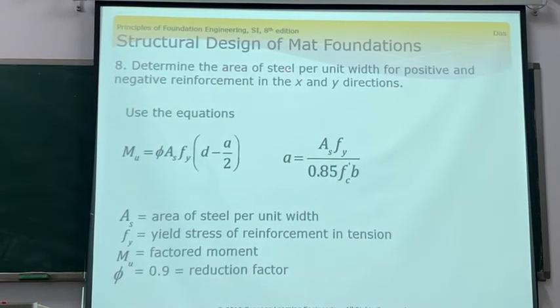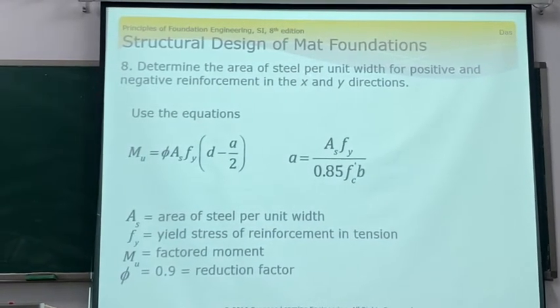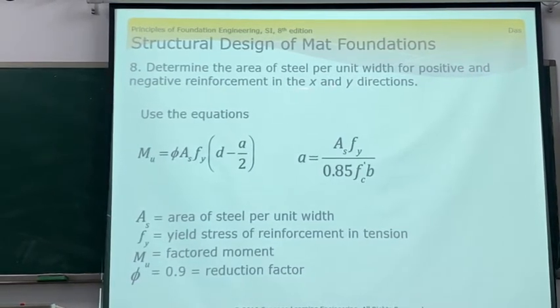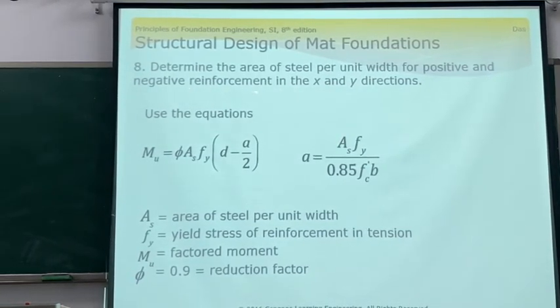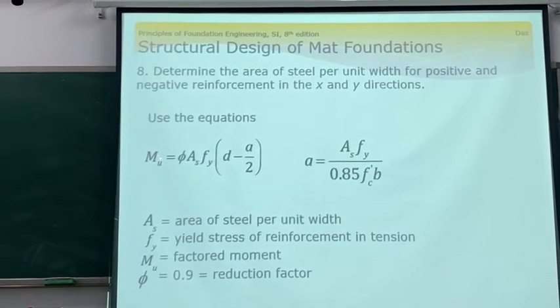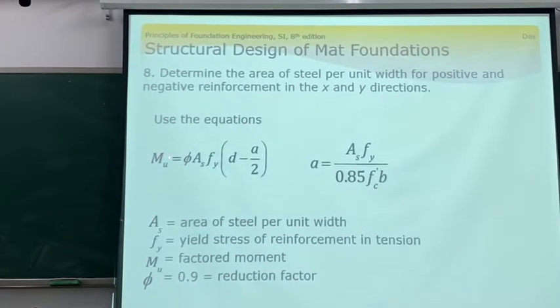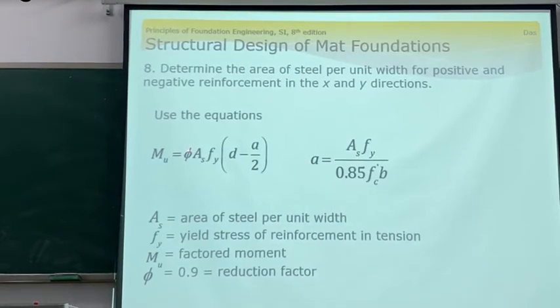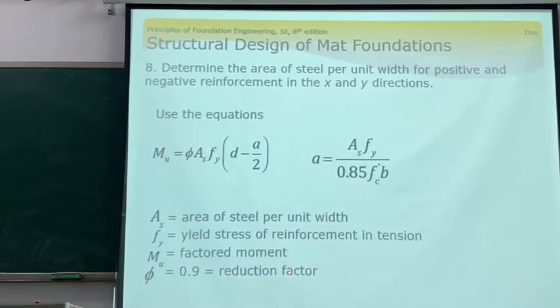So determine the area of the steel bar per unit width for positive and negative reinforcement in the x and y direction. You can use the equation. Mu is the factored moment. Phi is the strength reduction factor.